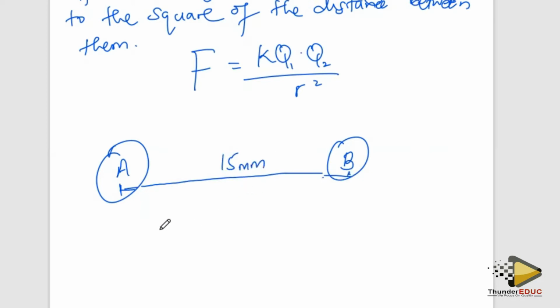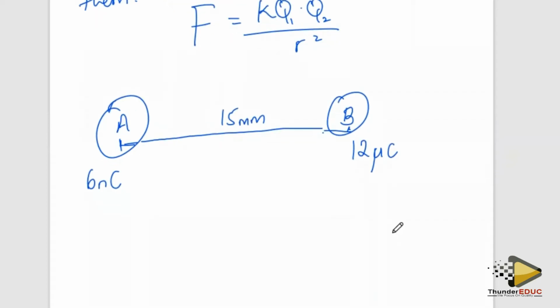Just for convenience, I'll use 6 nC for one and 12 microcoulombs for the other. I need to get the electrostatic force between the two. Both of them are positive, so it's fine. Let me call these Q1 and Q2.